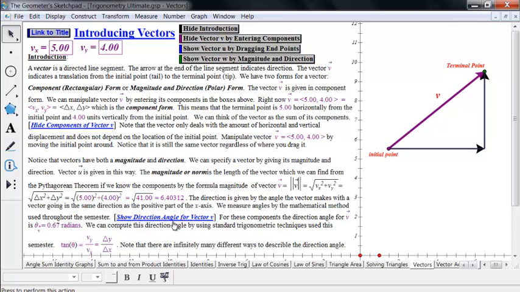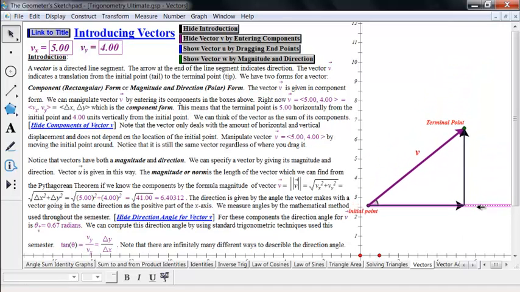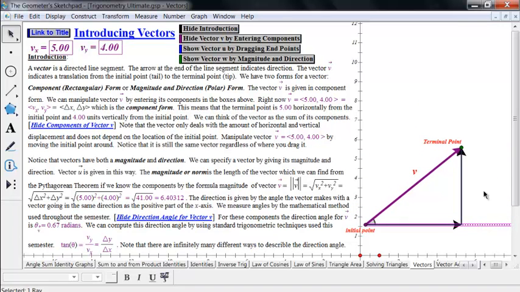Now, when we talk about a direction angle, we're talking about the direction it makes with the positive part of the x-axis, or a vector that's parallel to that and pointing in the same direction. So you get a ray going to the right, directly to the right from the initial point, and then we look at this angle right here. So in this case, the angle is an acute angle. One way to do it is a positive acute angle there.